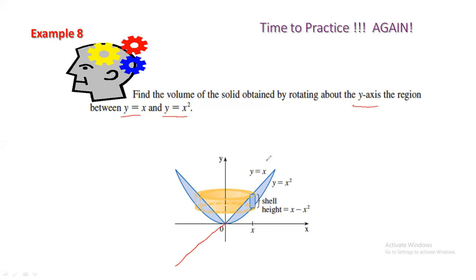Or let me just use the blue ink. Please bear with me. Okay, we're almost done. We have this. This is your line. This is your entire line. Y equal to x.